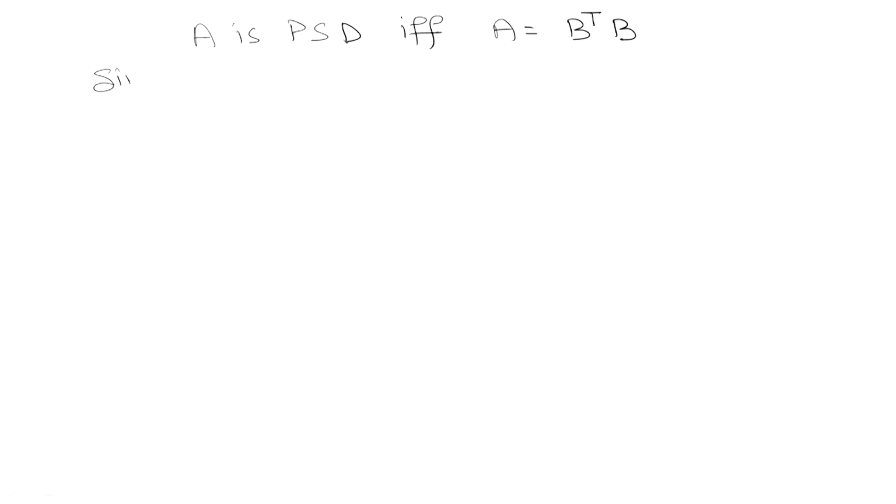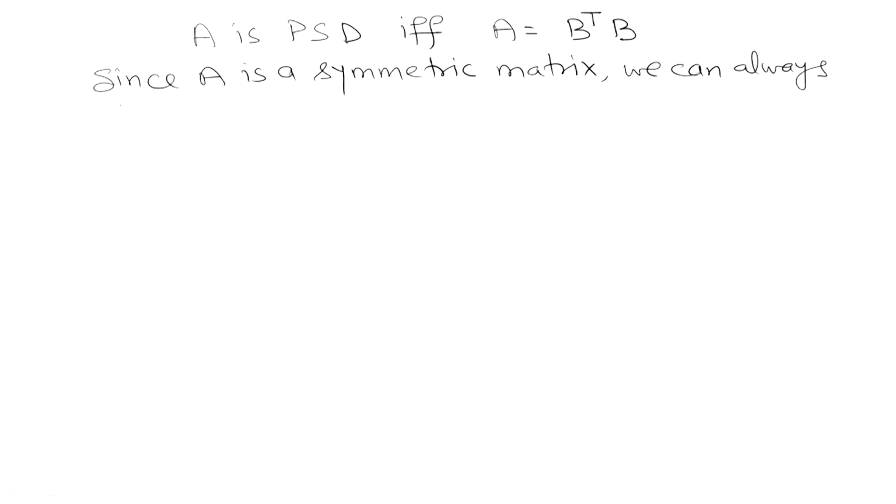Since A is a symmetric matrix, we can always find a matrix P such that A equals P into D into P transpose, meaning since A is symmetric, it will always be diagonalizable.